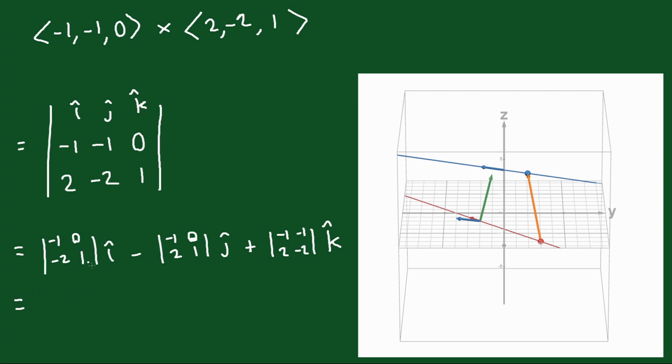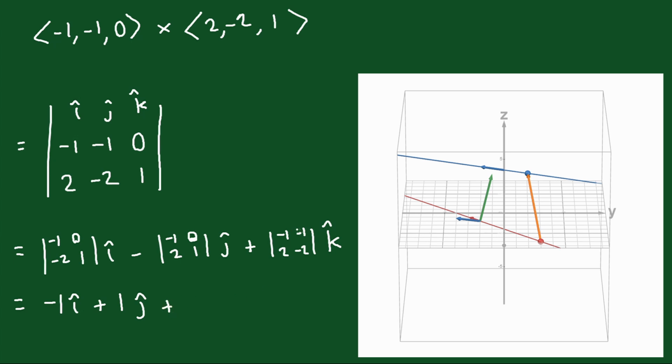-1 times 1 is -1, minus 0 times -2 is 0, so you're just left with -1 times I. Over here, -1 times 1 is -1, minus 0 times 2 is 0, so you're left with -1, but it's minus -1, so that's plus 1j. You don't really have to write the 1, you could just say plus j, but I'm going to leave it as plus 1.